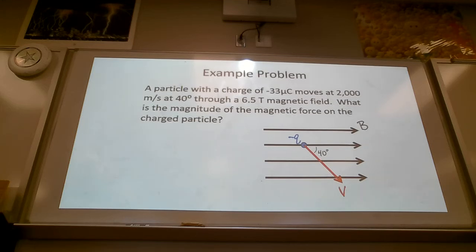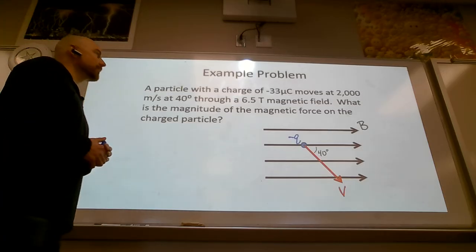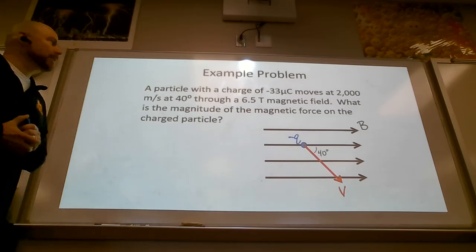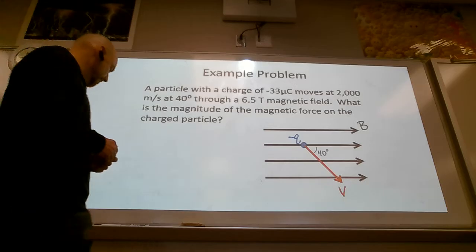Particle with a charge of negative 33 microcoulombs moving at 2,000 meters a second at 40 degrees through a 6.5 Tesla magnetic field. What is the magnitude of the magnetic force on the charged particle? Okay.